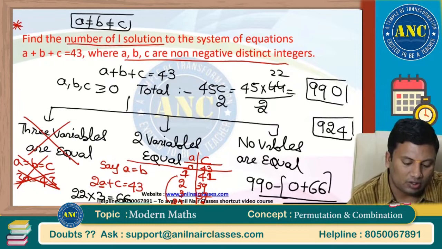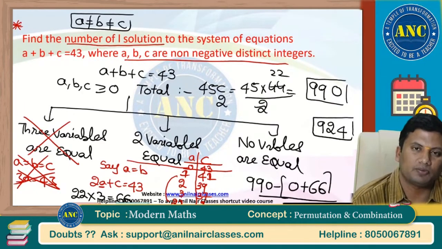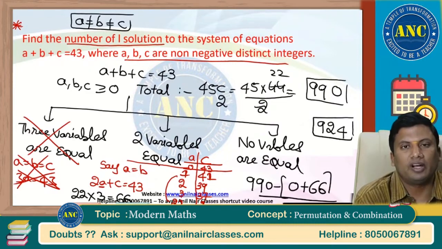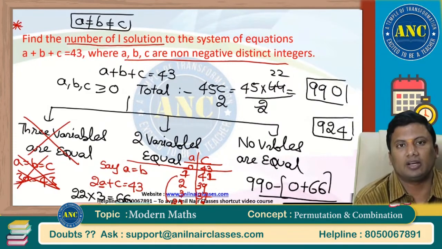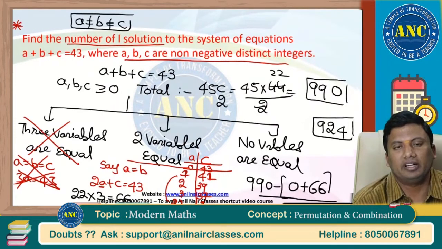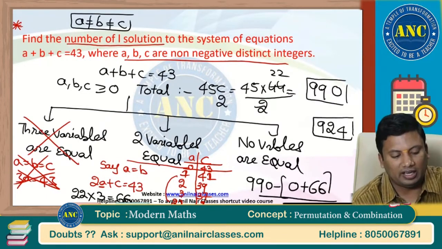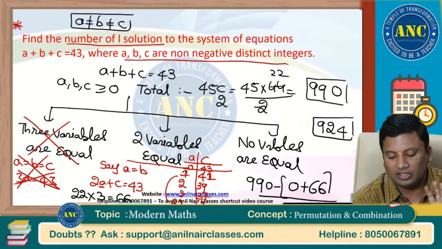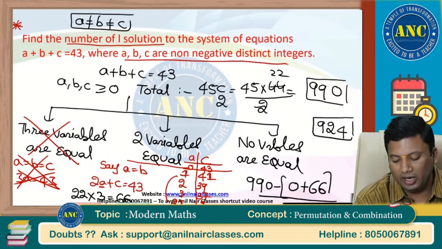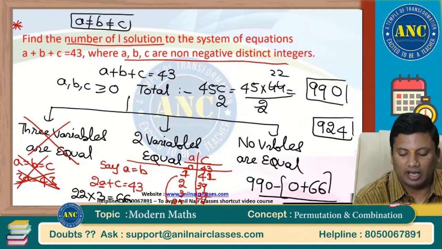Like that 0 to 21 cases I got, which means 22 cases. 22 cases where A is equivalent to B, 22 cases B is equivalent to C, 22 cases A is equivalent to C. 22 into 3 is 66. Out of 990, 3 variables equal are 0, 2 variables equal are 66. 990 minus 66, answer is 924.